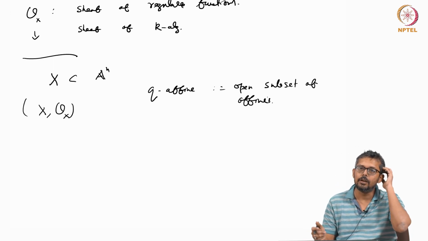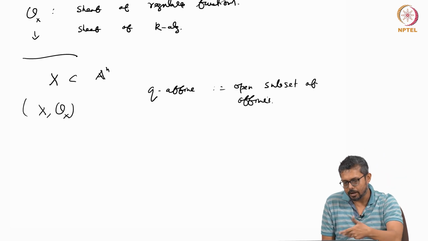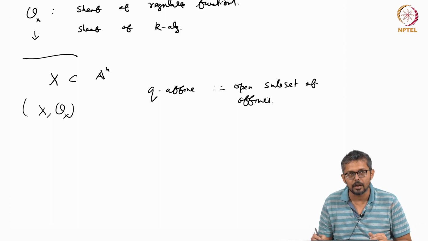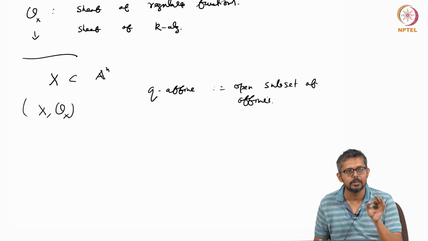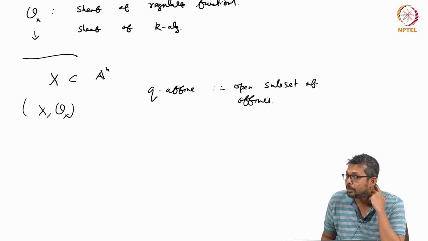And one can define regular functions for quasi-affine varieties in exactly the same way: at a point it is regular if it looks like f by g, where f and g are polynomials. Exactly the same definition for quasi-affine varieties. So O_X is also the sheaf of regular functions, the sheaf of O_X-algebras.